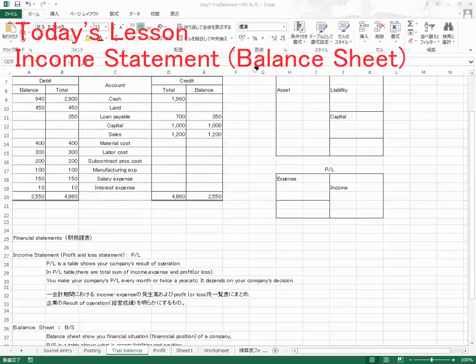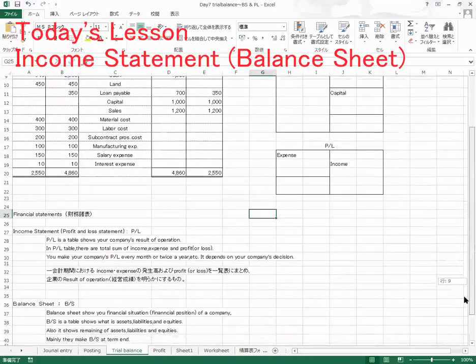The PL is a table that shows your company's result of operation. So there is the explanation of the profit and loss statement or income statement.